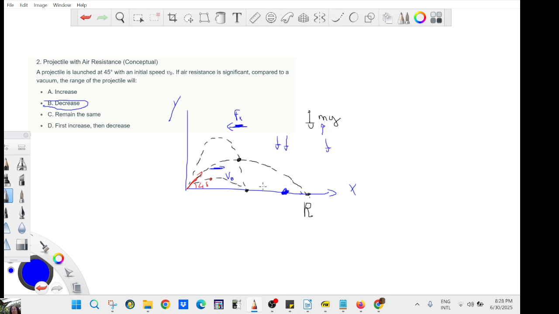So if it has enough time, it will reach terminal speed. So here it's not going to go as high. And if it reaches terminal speed, then it's going to go straight. It could even go straight down, right? So it will be more steep here. So anyway, the answer is decrease.